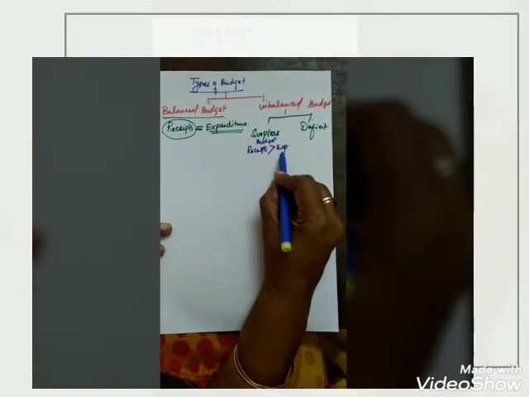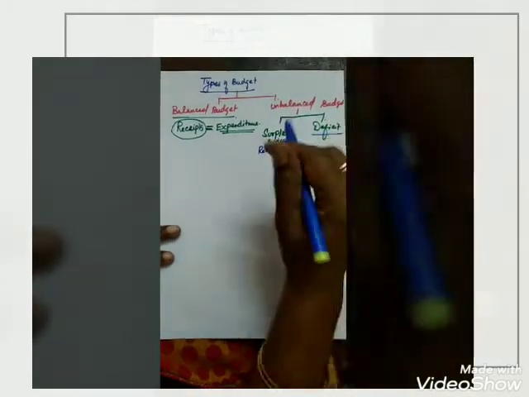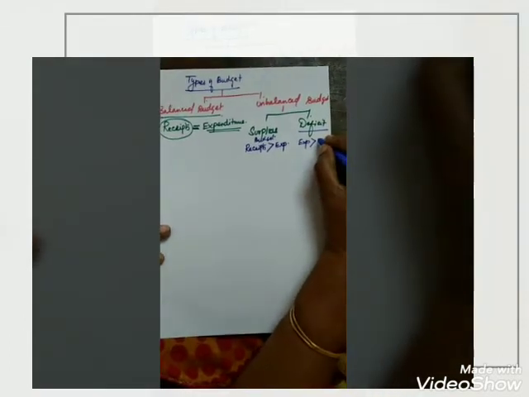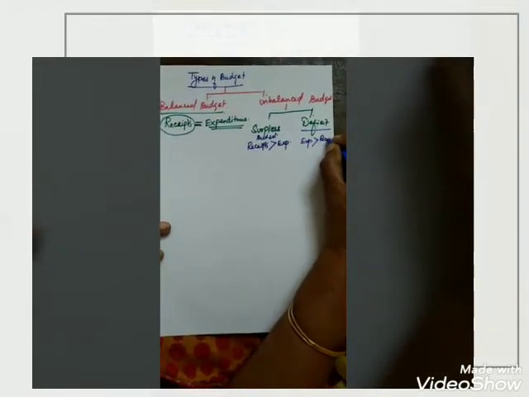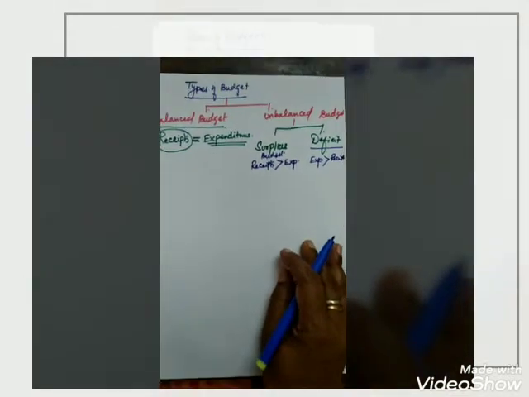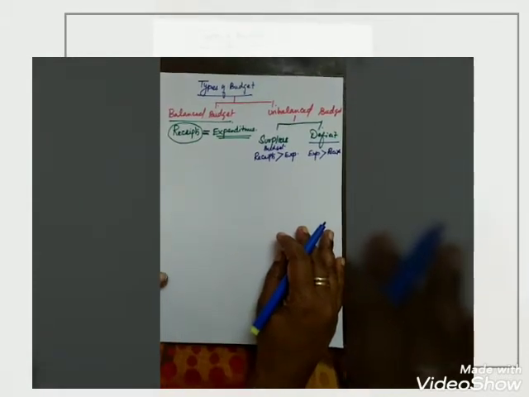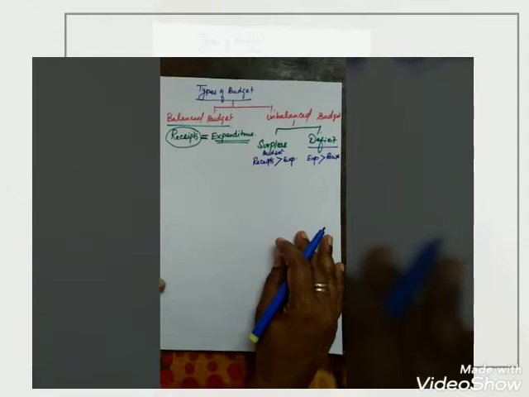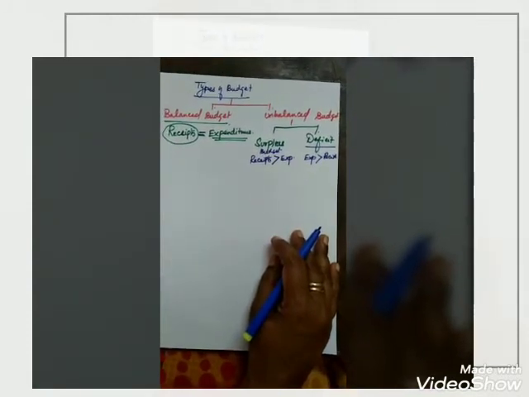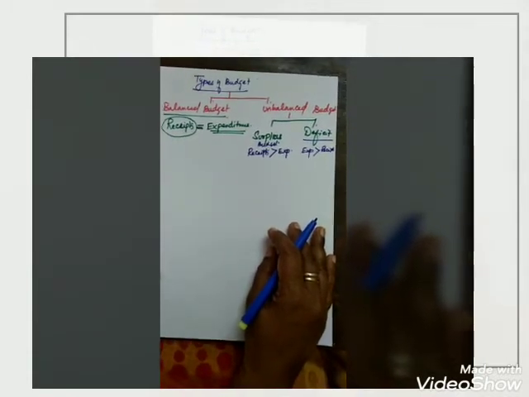Is it clear? These are the two types of budget: balanced budget and unbalanced budget. The unbalanced budget is classified into two parts: one is surplus, the other is the deficit.